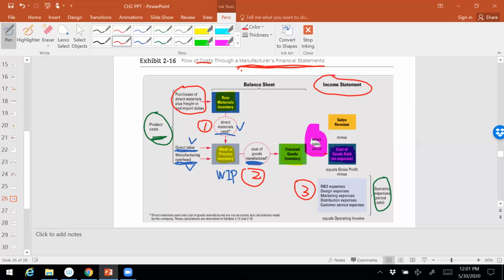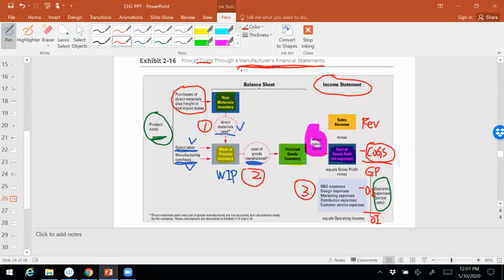Your revenue minus our cost of goods sold gives you our gross profit, minus all the operating expense gives us our operating income. But for the manufacturing part, it's not that easy to get cost of goods sold directly.